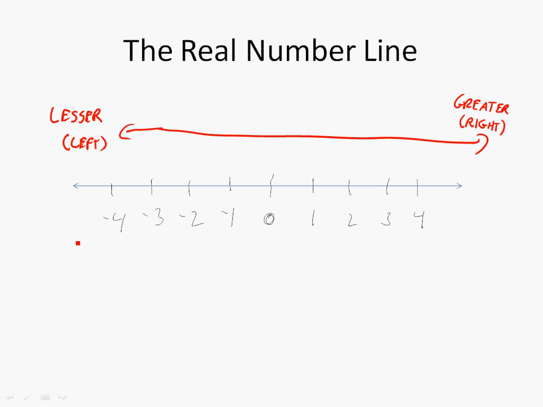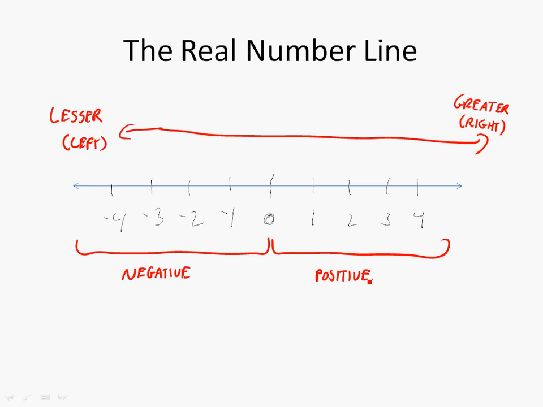One of the other things, hopefully you remember about the real number line, is that all the numbers to the left of 0 are negative, and all the numbers to the right of 0 are positive. And because you're reading left to right, for the positive numbers, 4 is bigger than 1, and since you're farther to the right, 4 is going to have a greater value than 1.